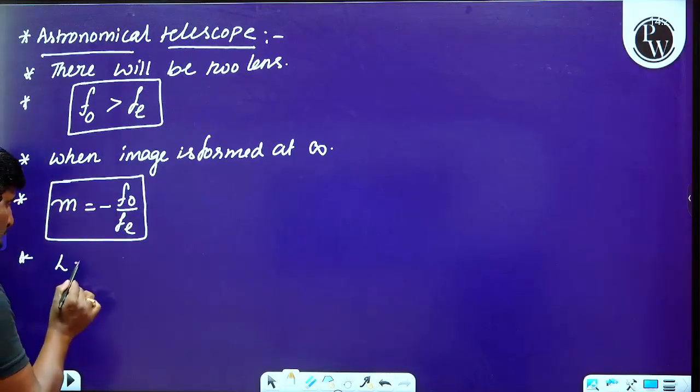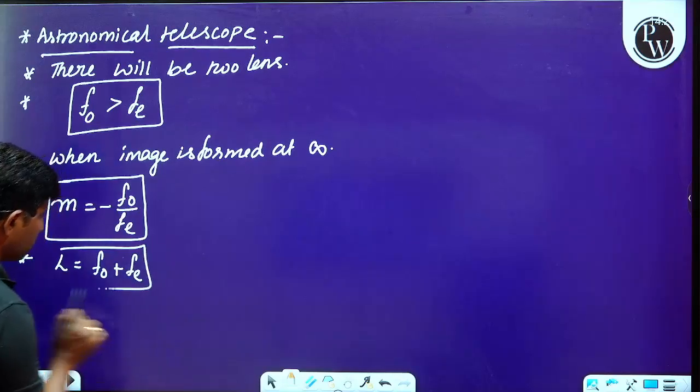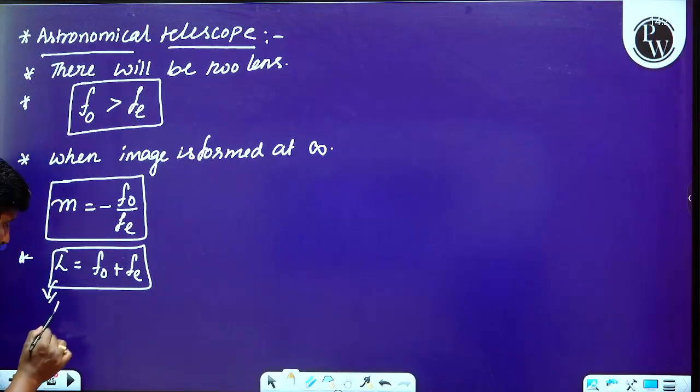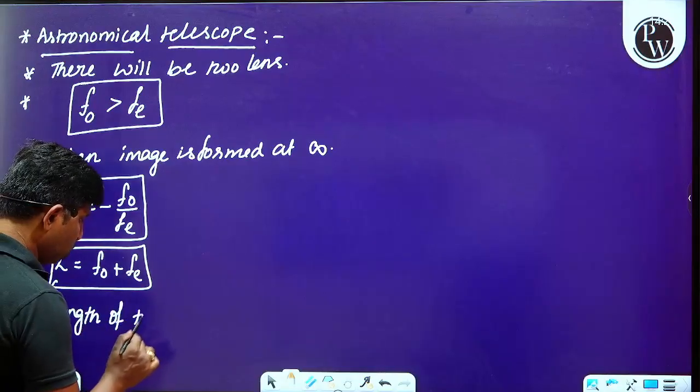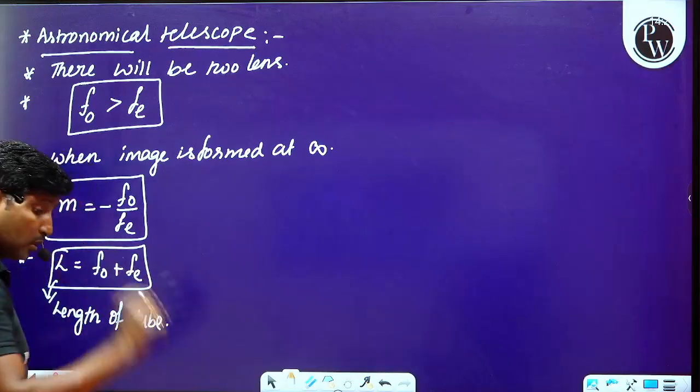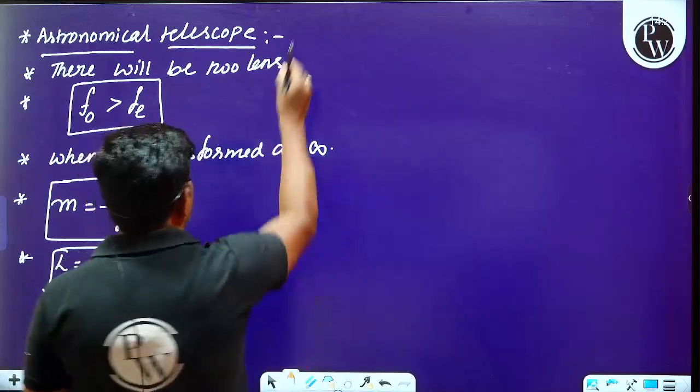And the length of the tube is FO plus FE. Here L is the length of the tube, and the tube is nothing but the telescope. I hope it is clear to you.